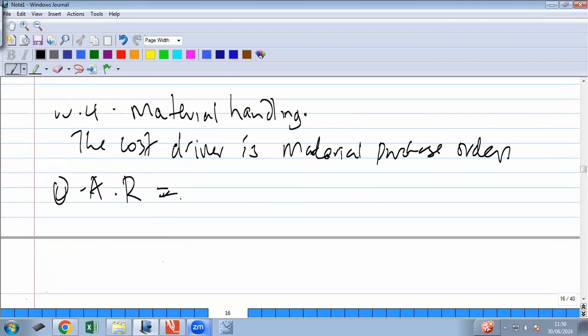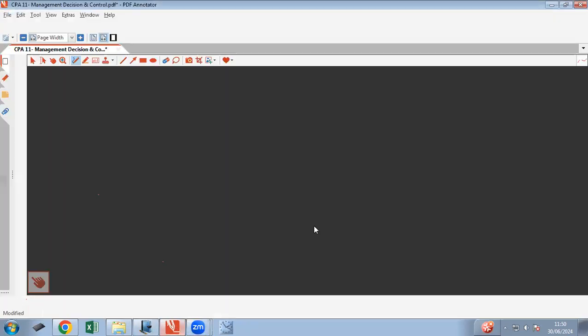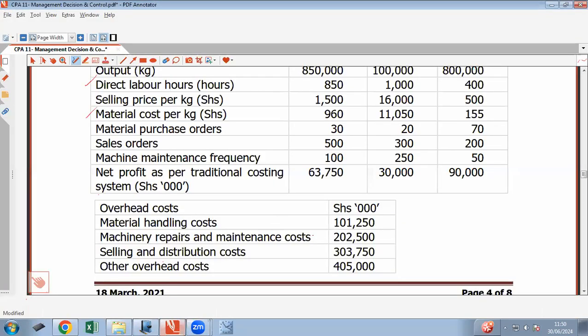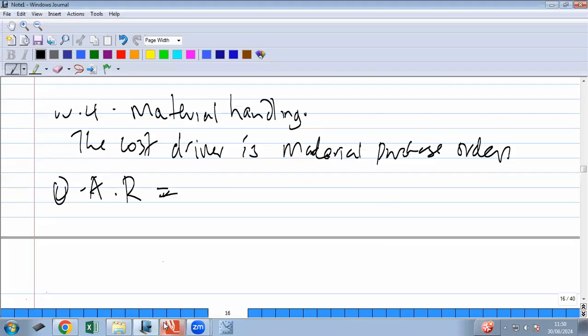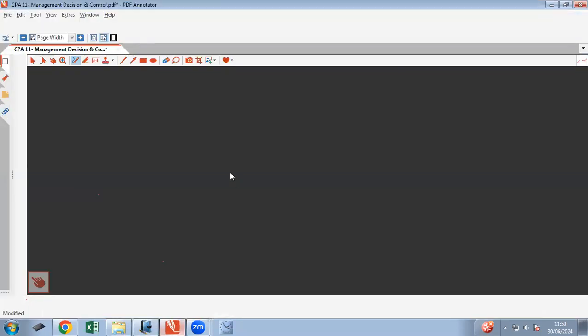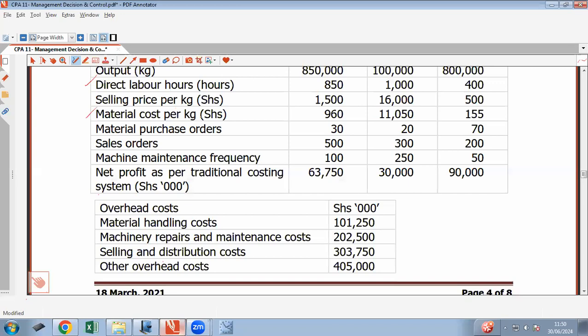The total cost for material handling is how much? It is here 101,250. So we shall say this is 101,250, right? Over, we are now using the material purchase orders. How many purchase orders are there? We have 30, 20, and 70, right?